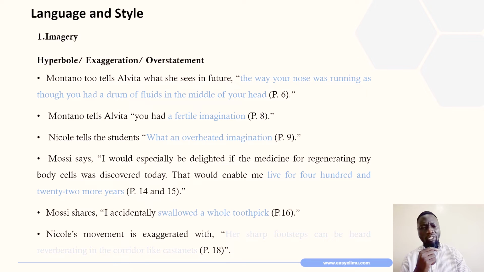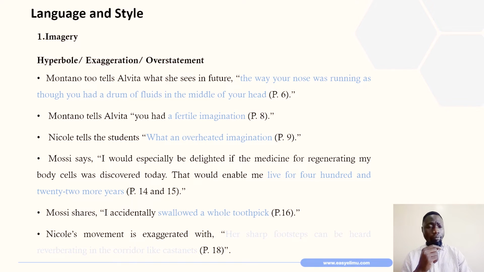Nicole also tells the students, what an overheated imagination. The explanation is close to the one we have talked about in the previous illustration, that is having a fertile imagination. So Nicole also talks about an overheated imagination.